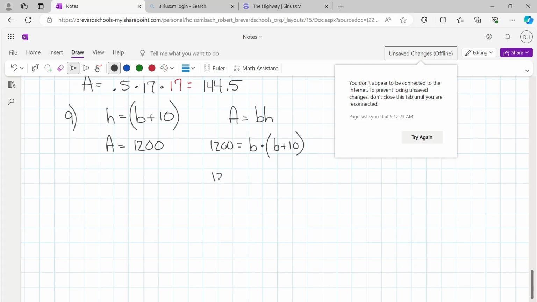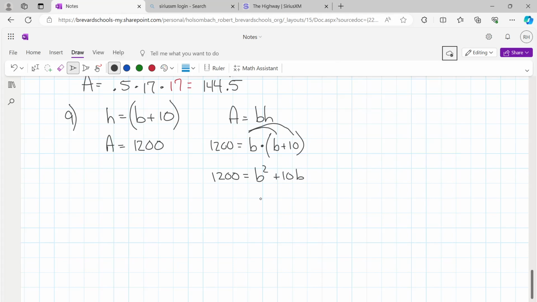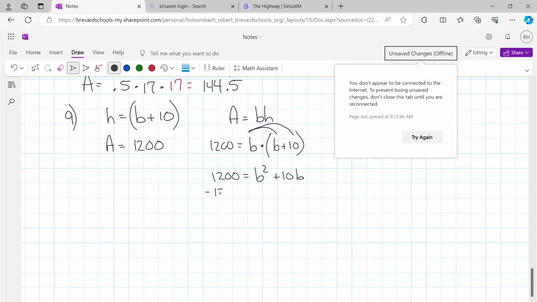So our 1200 is equal to b times b is b squared, and b times 10 is positive 10b. So we're going to end up here with a quadratic formula problem. We're going to subtract 1200 from each side. And 0 equals b squared plus 10b minus 1200.